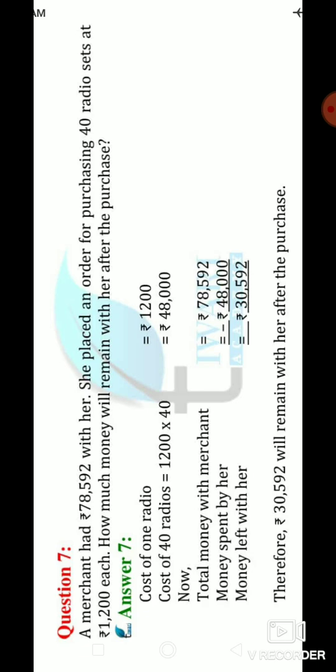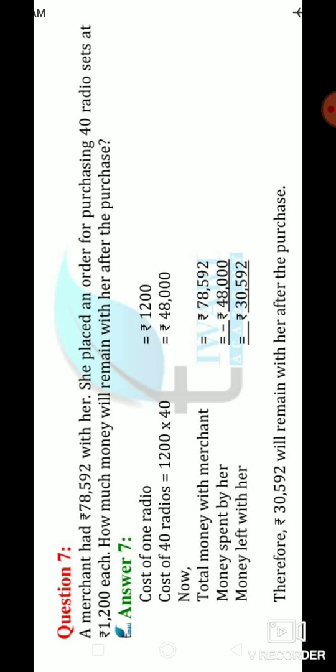So first write the cost of one radio. Here it is given that the cost of each radio set is rupees 1200. So write: cost of one radio is equal to rupees 1200.